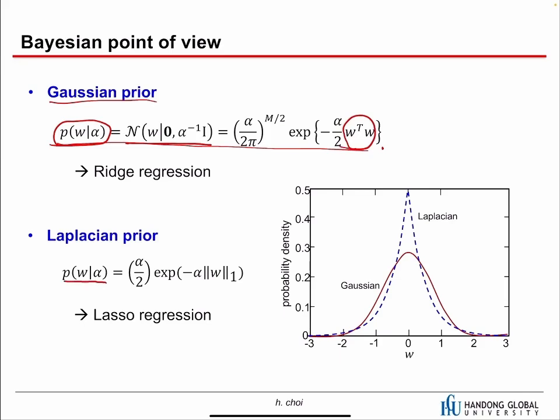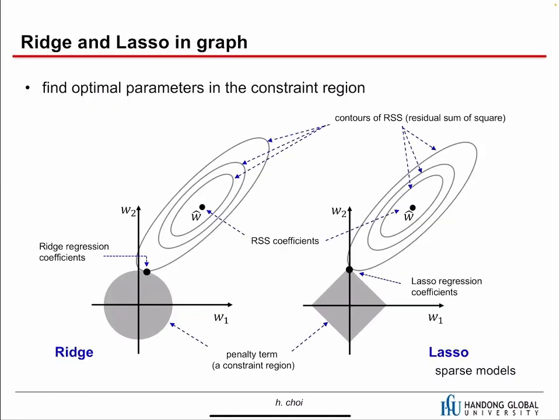So if we use Laplacian prior, then if we actually calculate the posterior, and if we minimize the posterior, then it will be reduced to the lasso regression. Now we can understand ridge regression and lasso regression in the graph.